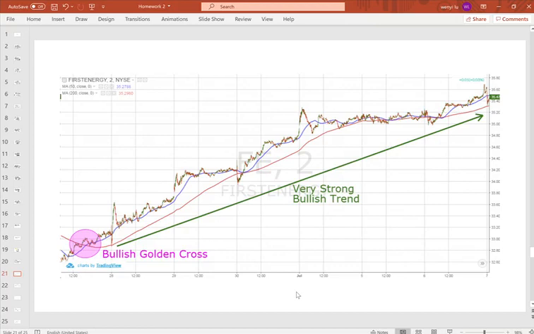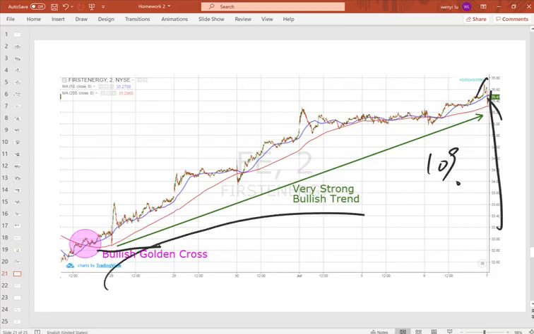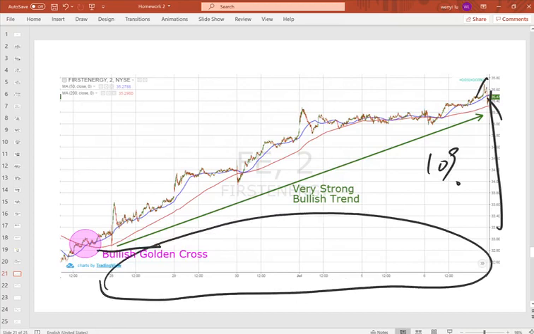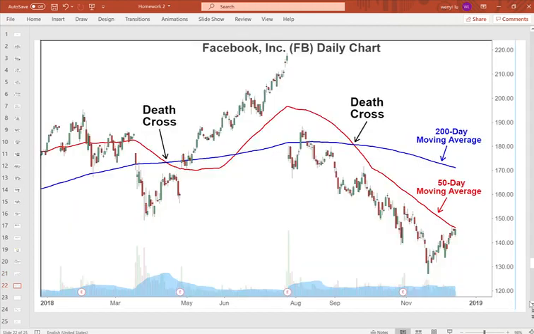The stock went about 10% gain from this golden cross, just in a few days. So if you are a short-term trader, maybe you can use this cross point to determine a good time to buy and sell.